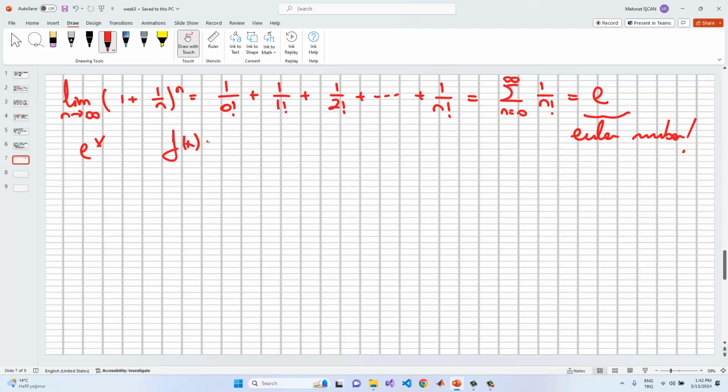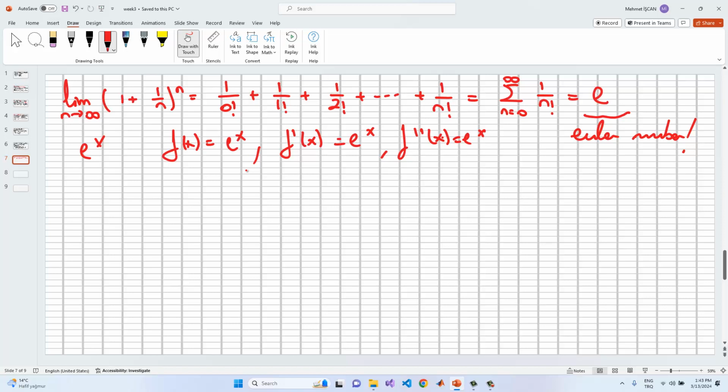If we have the function e to the x and take the derivative, we always get e to the x, again and again. How can we utilize or derive this e number? Because in the Taylor expansion we need common values for the derivative operations. This is the derivation of the e, Euler number.